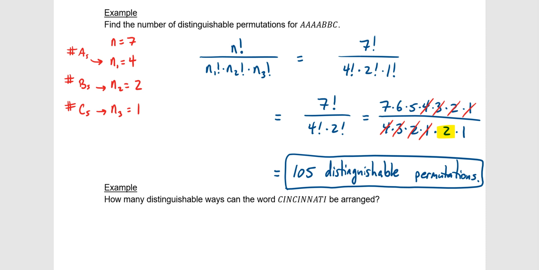And you could say that 6 divided by 2 is going to give us a 3. And then 2 divided by 2 is 1, so it cancels. The 1 in the denominator doesn't play any role here. Dividing by 1 doesn't change anything. So the answer would just be 7 times 3 times 5, which is just 105.